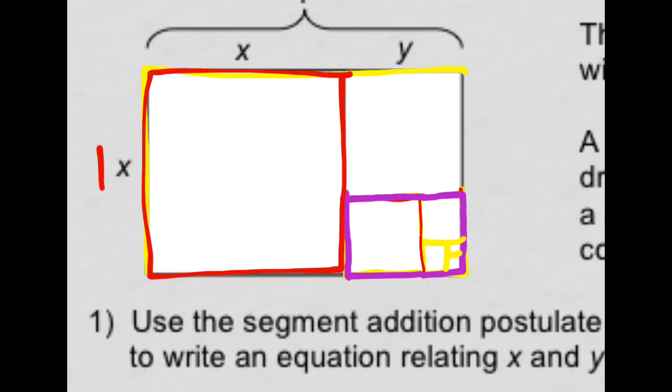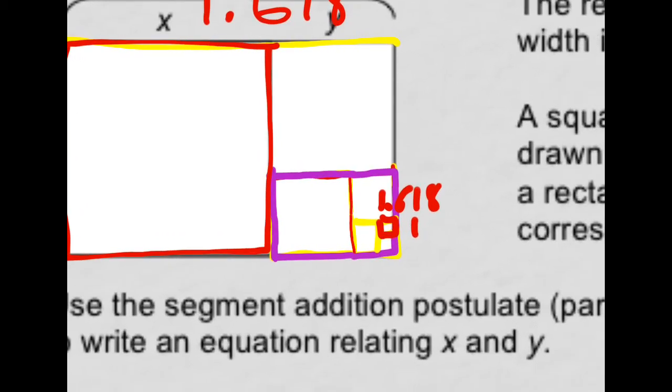That is 1 to 1.618, no matter how small you get. That's going to be your proportion right there. Pretty cool stuff, huh?